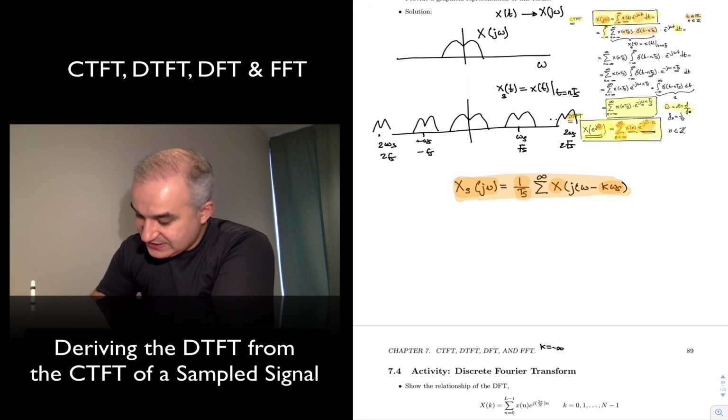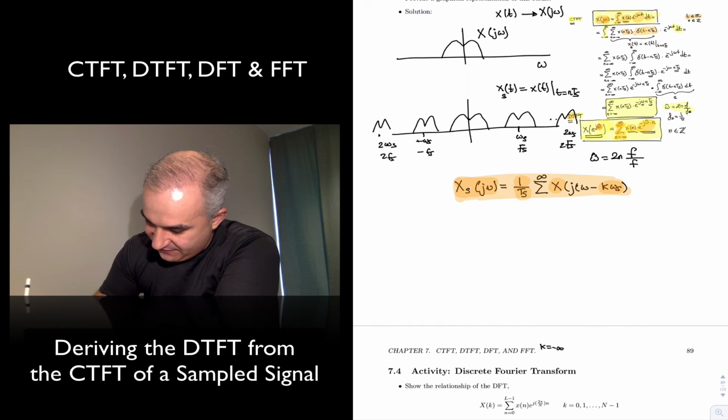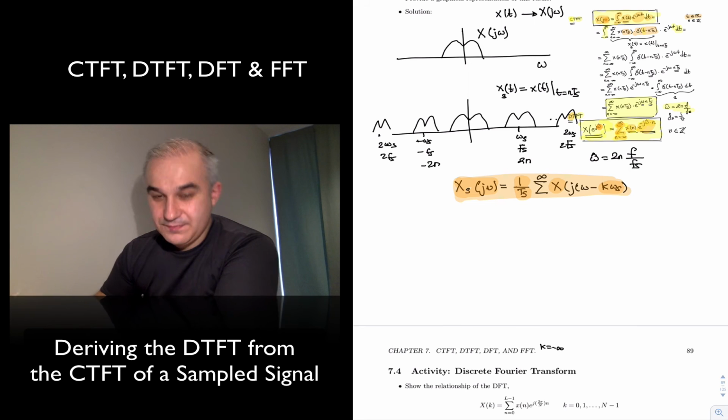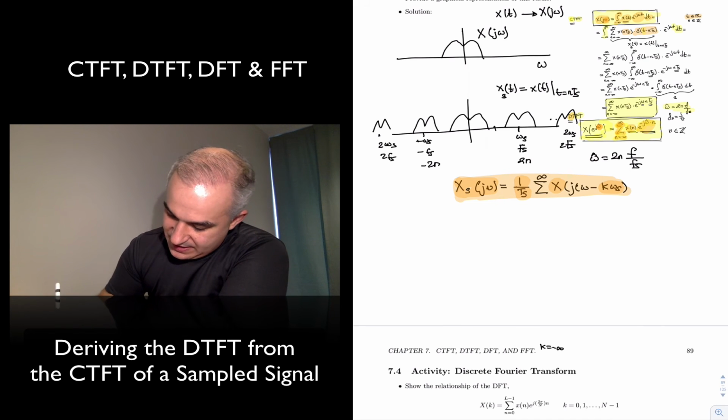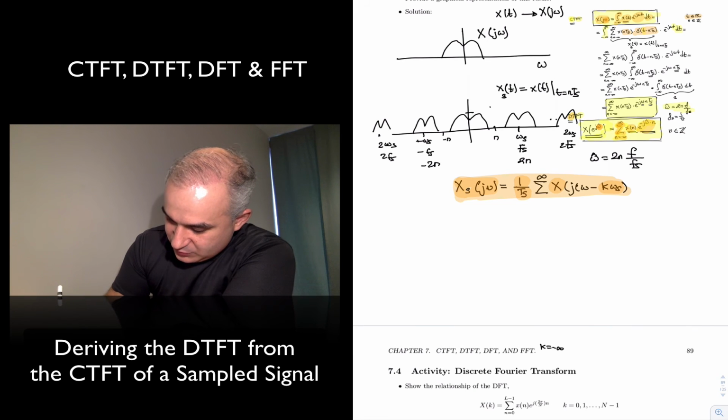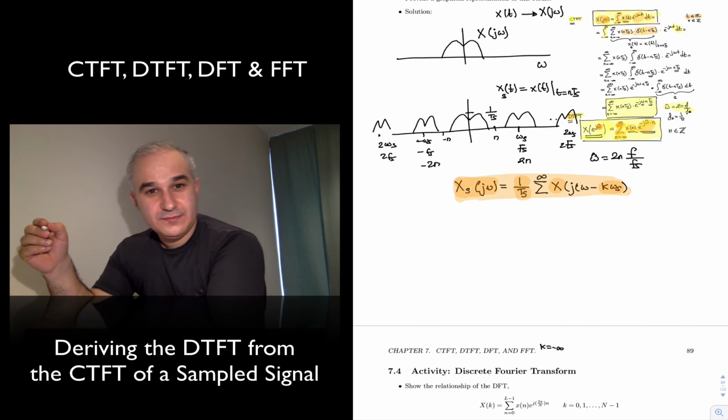Or if you are doing it as a function of omega hat, which is 2 pi f over fs, then this is just 2 pi, minus 2 pi. This will be pi. And this amplitude is within a factor of Ts.